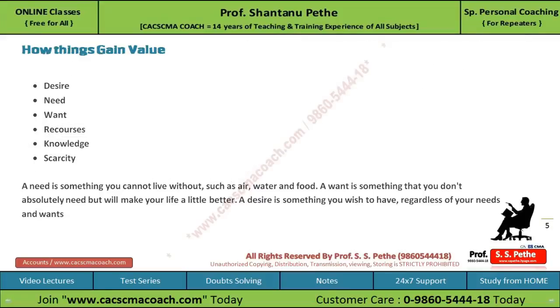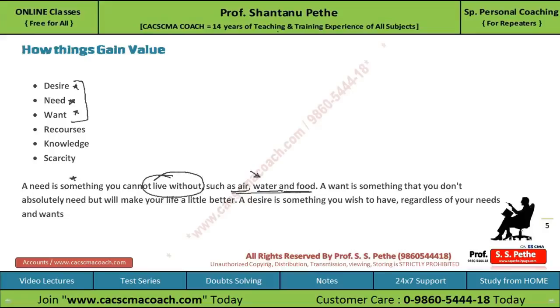Here also you have to understand the meaning of the terms need, desire and want. You should be able to differentiate them. Need is something you cannot live without. That without which you cannot live, we call need. Such as air, water, food, all will come under the needs of a person.